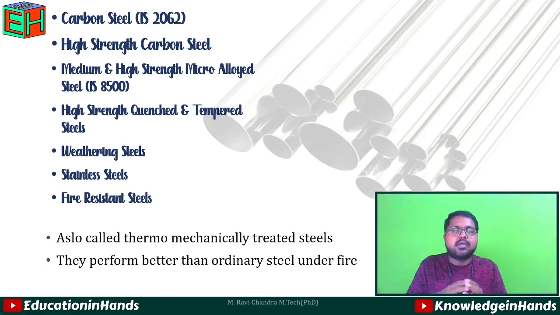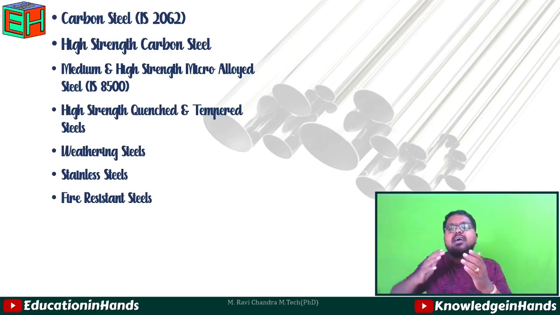Whenever a steel member is treated like this, then it will become fire resistant steel up to a certain point. They perform better than ordinary steel under fire. It is not saying completely fire resistant, but they perform better than ordinary steel under fire. So these are the various types of structural steel and their classifications.